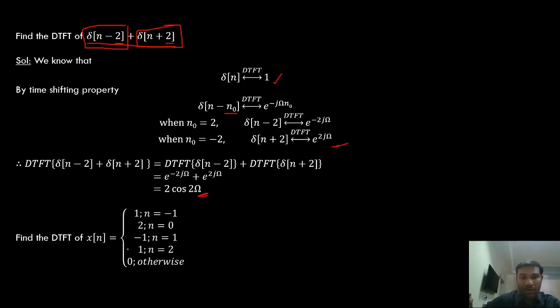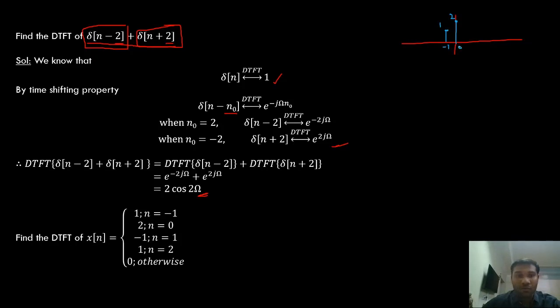So this is my x of n. The x of n is defined as: at n equals 0, the value is 2. For n equal to minus 1, it is 1.